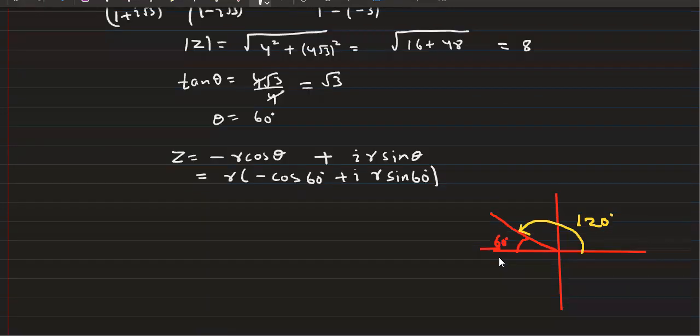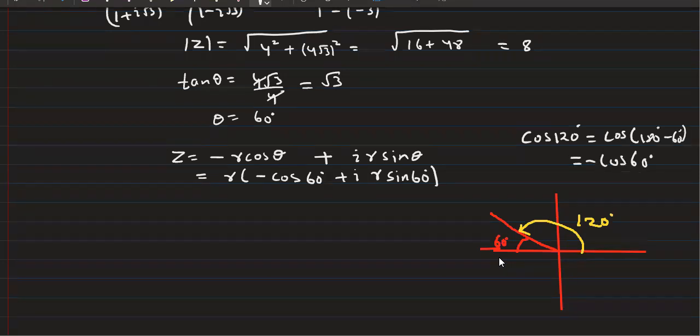Right? And we know that cos 120 degree is equal to cos 180 degree minus 60 degree, which is equal to minus cos 60 degree, right?